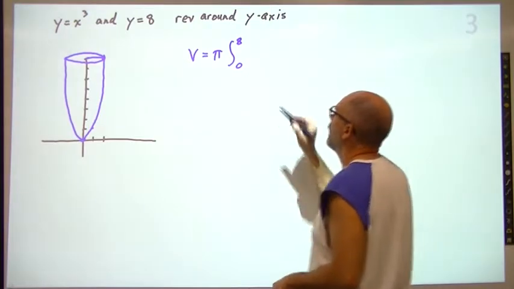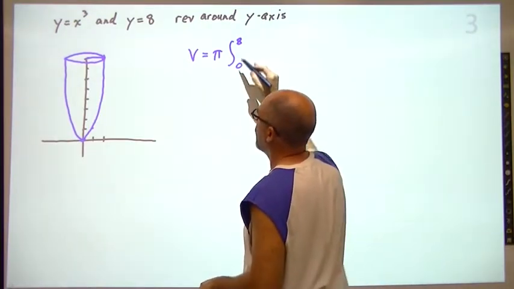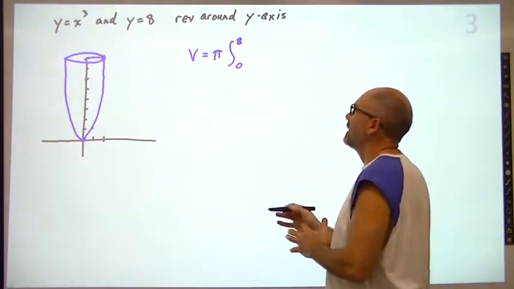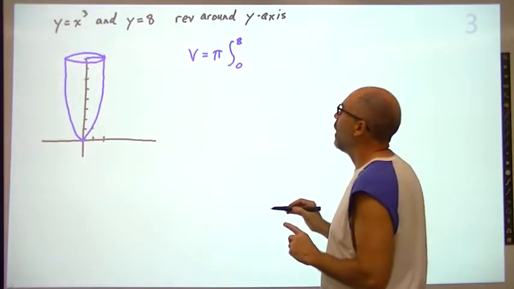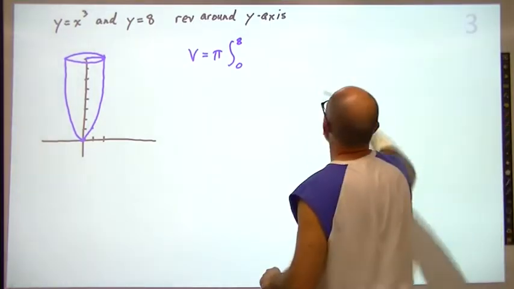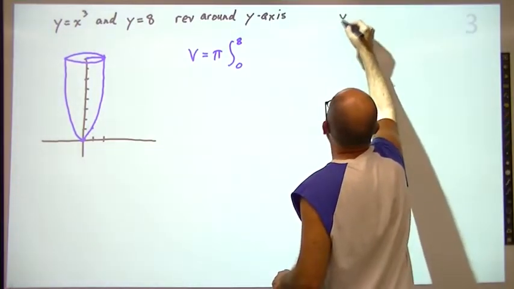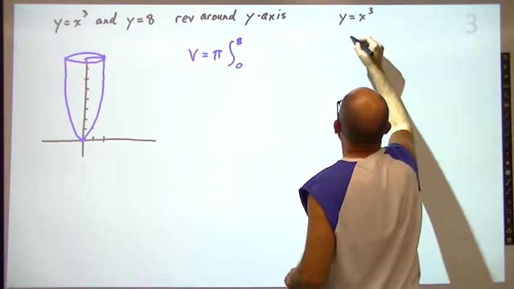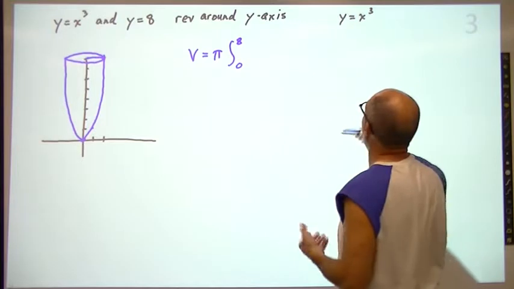Okay, we're going from y equals 0 to y equals 8. So what we need is the function of y. So we say, all right, y equals x cubed, and I need x as a function of y.